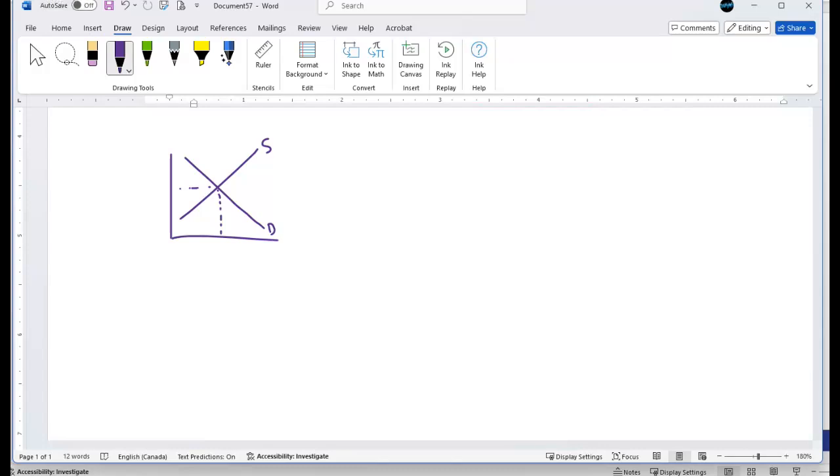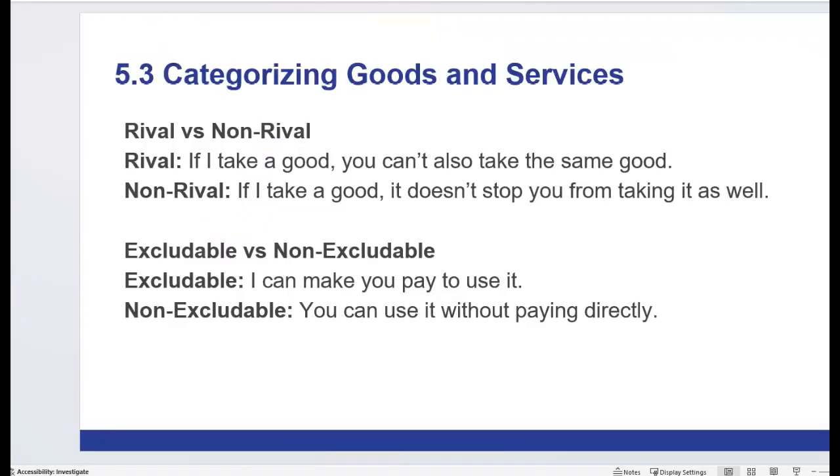So here's our market. Let's just assume there are no externalities, and it's doing its great job of saying this is the number of resources we need for this product. Well, we're going to break products out into different categories. This isn't really intuitive, but it'll make perfect sense once you see it. If I take any resource or any product, I can categorize it if I answer two questions about it.